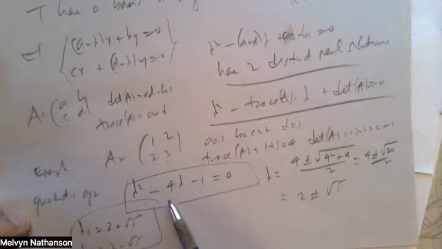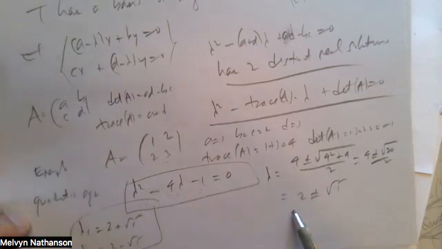So the eigenvalues are 4 plus or minus the square root of 20. 20 is 4 times 5. So I get 4 plus or minus 2 root 5 over 2, or 2 plus or minus root 5. So 2 plus root 5 and 2 minus root 5 should be the eigenvalues.